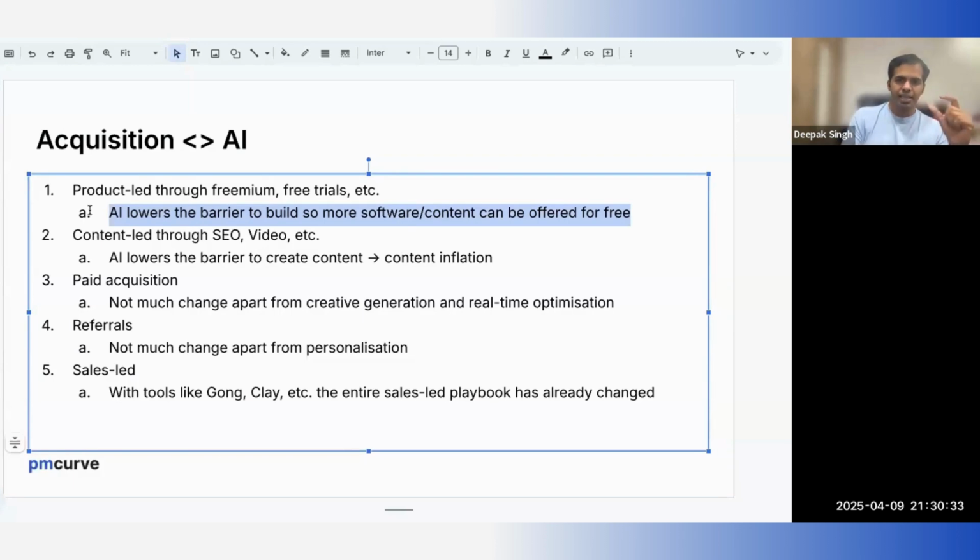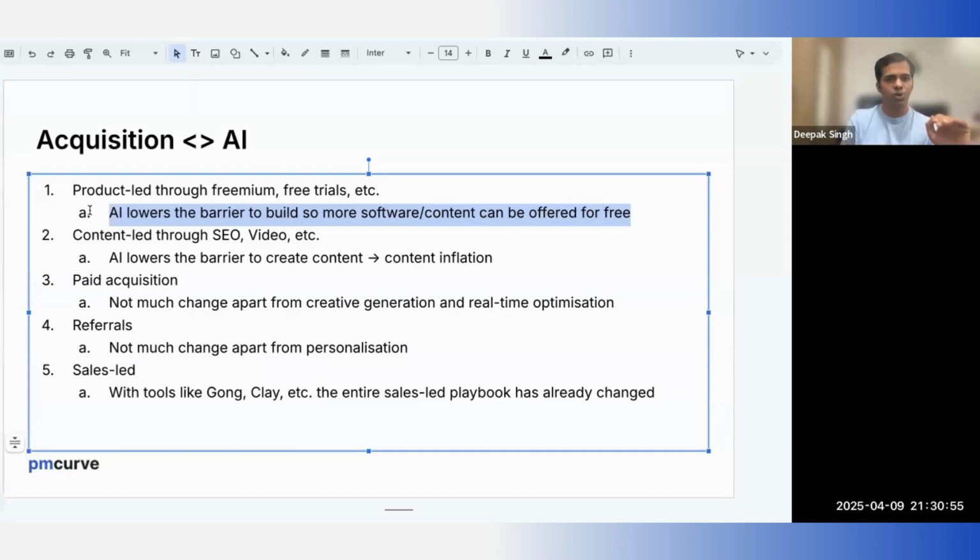So these are the unintended consequences, but even in software, you'll see a lot of features getting built faster, which means the cost of developing that software is not very high, which means that people can actually start offering these software features in freemium or free trials. And you should be tracking it at the very least.